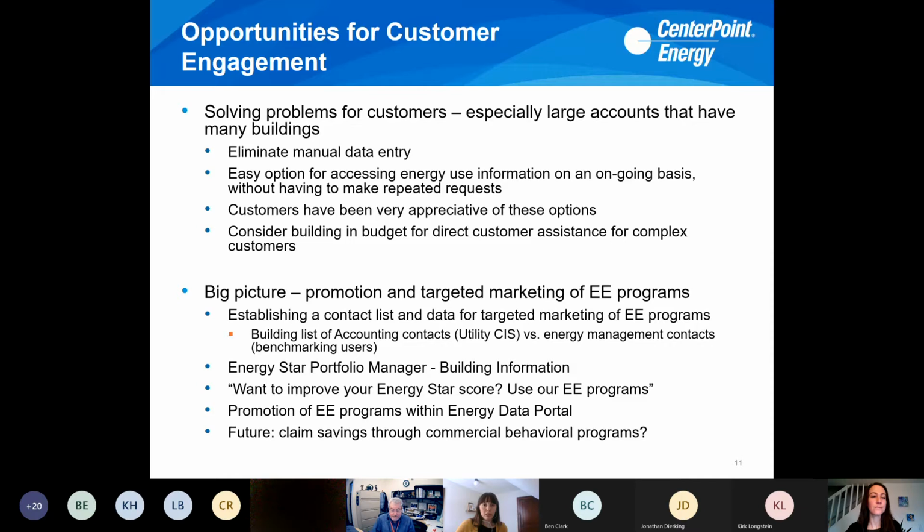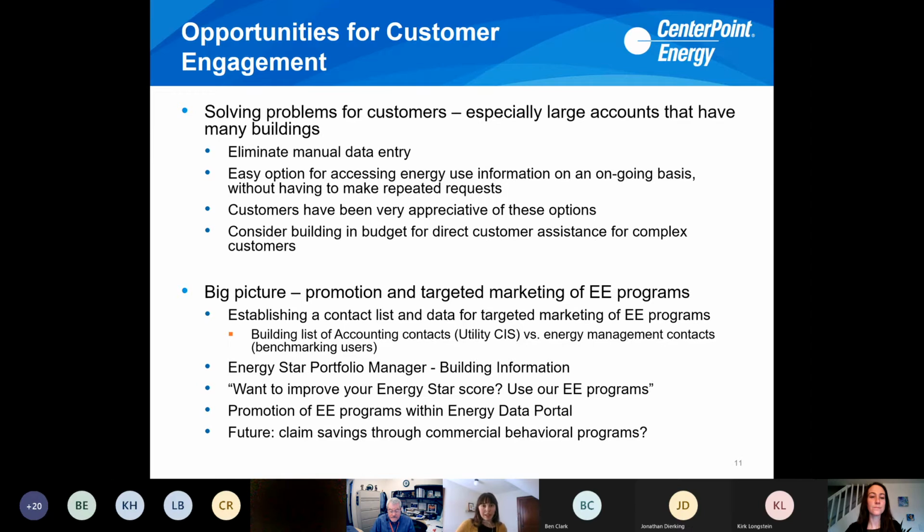For those who have a large portfolio of buildings and are required to do benchmarking, this has been a great way for them to eliminate the monthly manual data entry that a lot of them were doing prior.